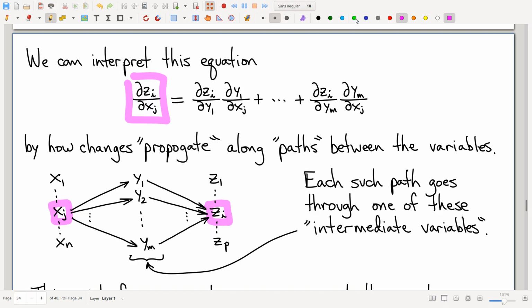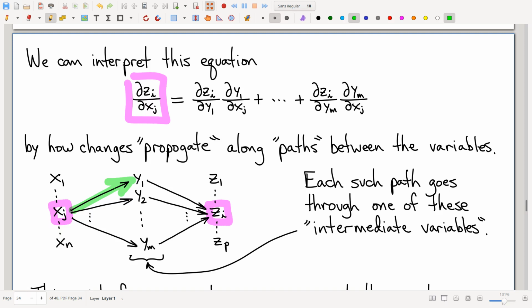An easy first observation to make is that, look, if you change xj, that's going to cause y1 to change. And I'm going to represent this effect, this causality of xj's changes causing y1's changes, by that arrow that I'm drawing right there. And by the way, I can also tell you exactly how much y1 is going to change, because that partial derivative is sort of the magnification factor.